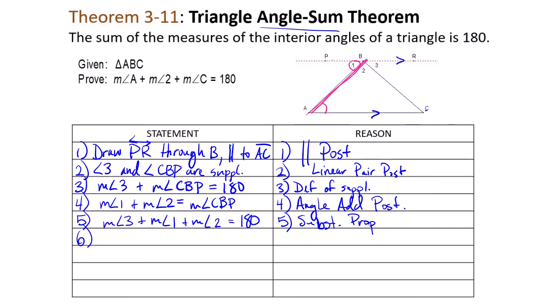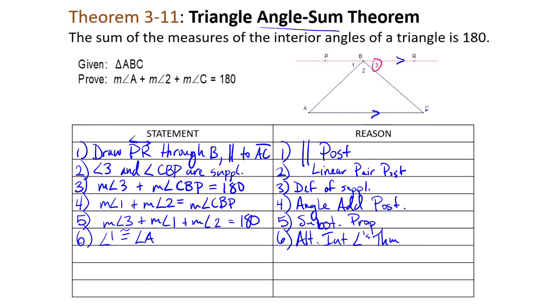Because they're alternate interior angles. So I can say angle 1 is congruent to angle A. Okay, and I can say alternate interior angles theorem, right?